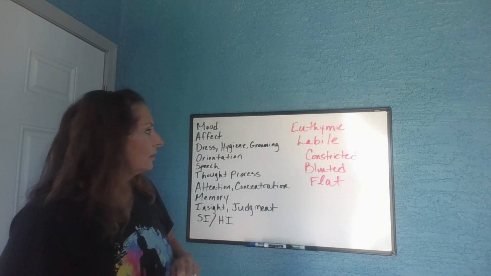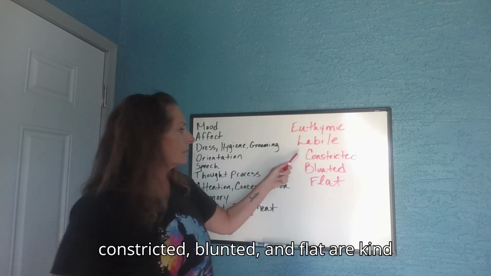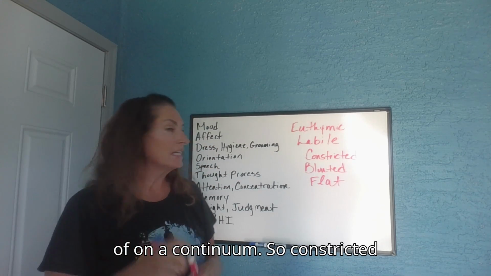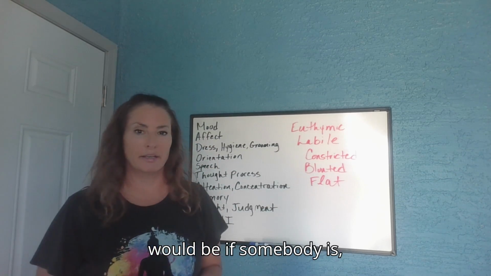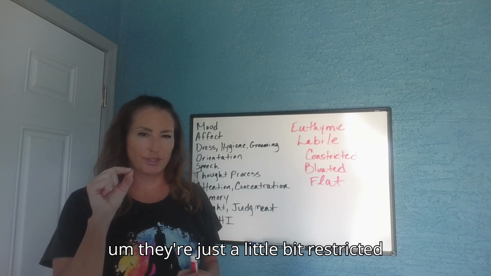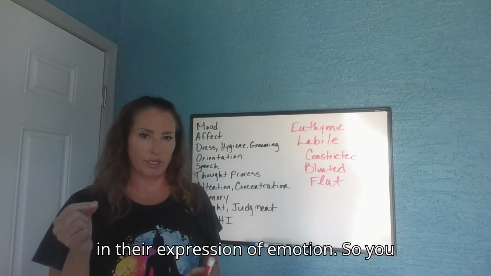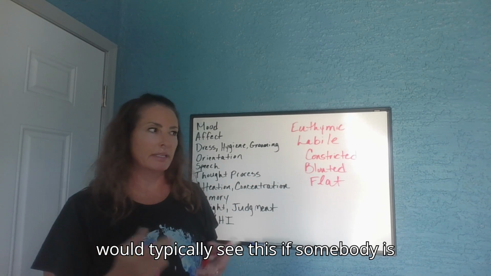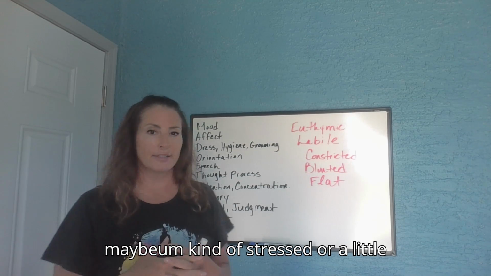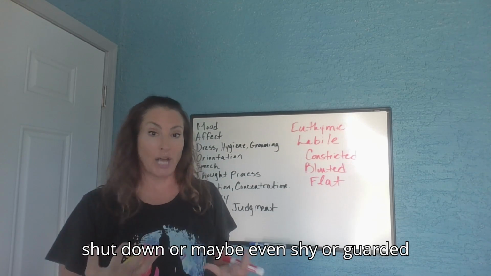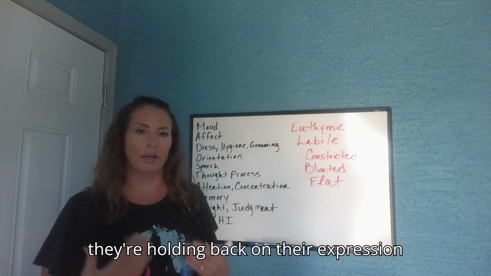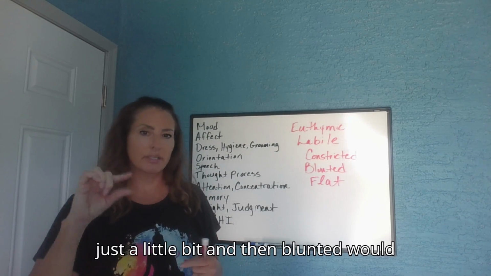Okay, so constricted, blunted, and flat are kind of on a continuum. Constricted would be if somebody is just a little bit restricted in their expression of emotion. You would typically see this if somebody is maybe stressed or a little shut down, or even shy or guarded, and they're holding back on their expression just a little bit.